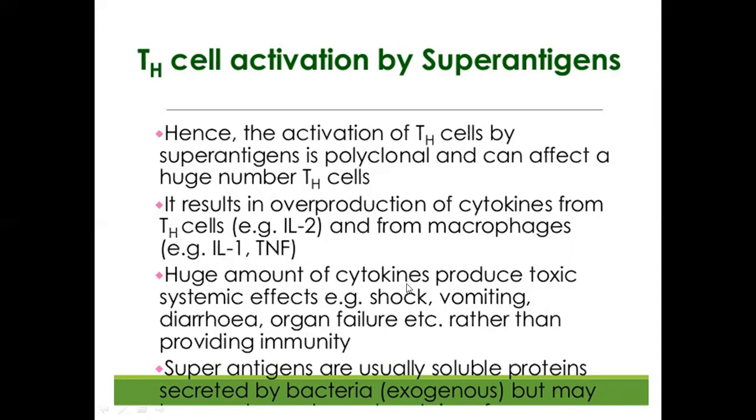This huge amount of cytokines produces toxic systemic effects, for example shock, vomiting, diarrhea, organ failure, etc., rather than providing immunity. Superantigens are usually soluble proteins secreted by the bacteria or viruses.